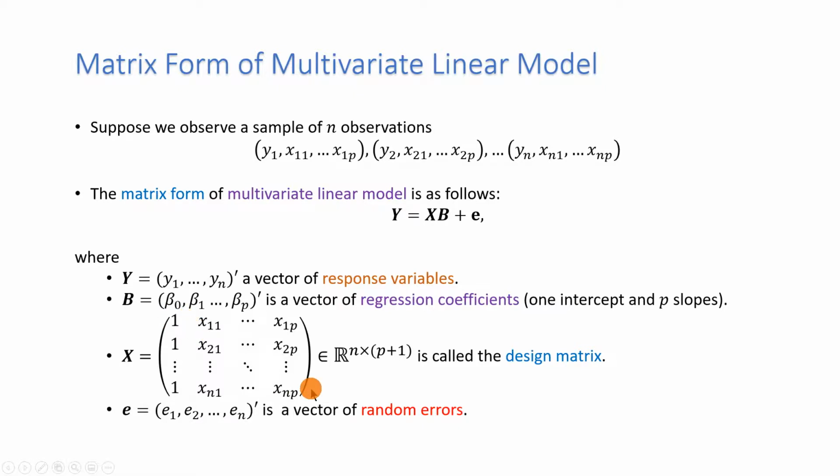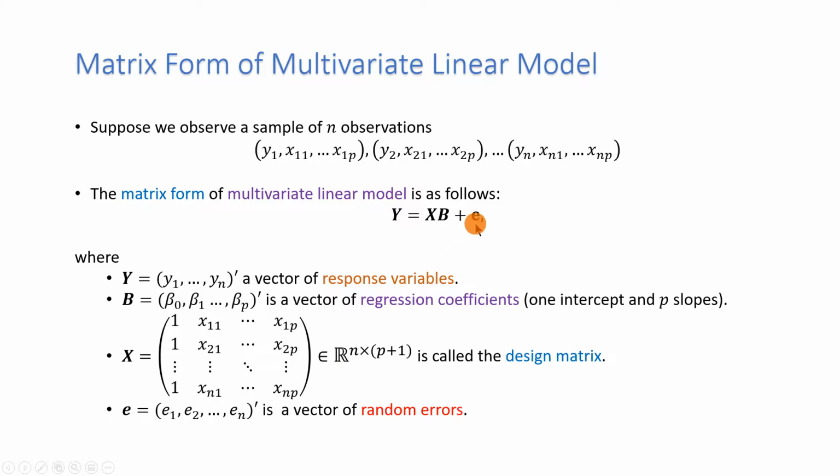Okay, so this design matrix X is a matrix of size n times p plus 1, right? So we have n rows and p plus 1 columns. So the ith row indicates the values of x we observed for the ith data point, okay? And the jth column indicates the values of the (j minus 1)th random variable we obtained across n data points, because j equals 1 is reserved for the intercept, right?